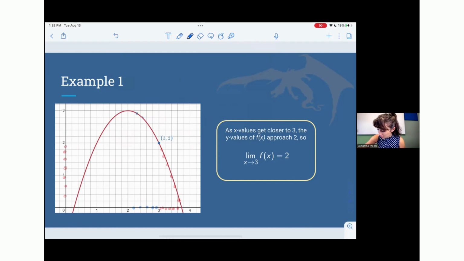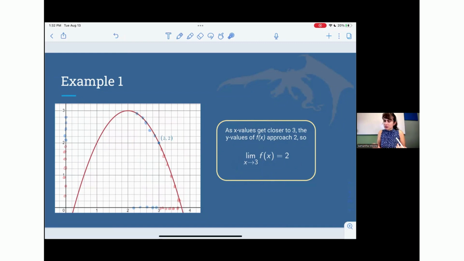Let's look at the corresponding points. The y values seem to be going down to 2 as well. So it doesn't matter which side I come from, my y values are getting close to 2. Because of that, we get to say that the limit as x approaches 3 of f of x is 2. In other words, as our x values approach 3, our y values are approaching 2.